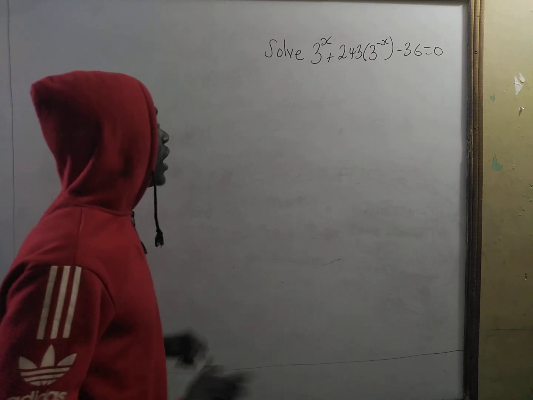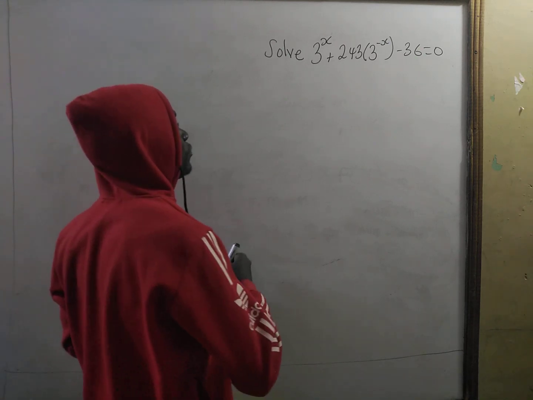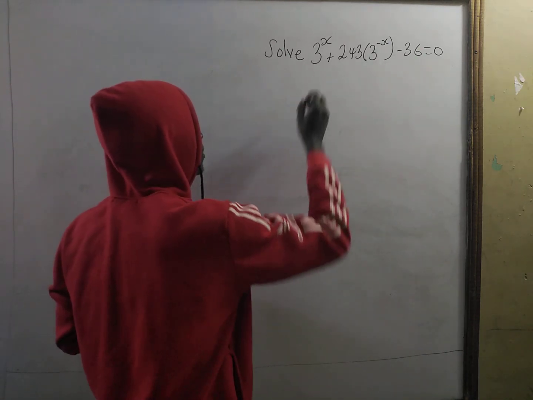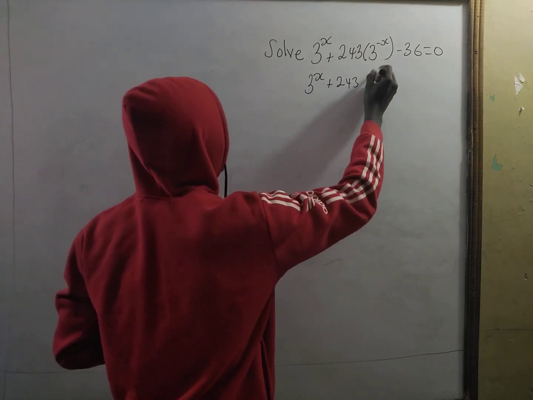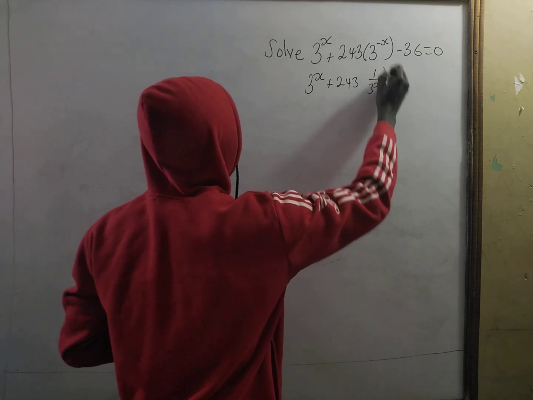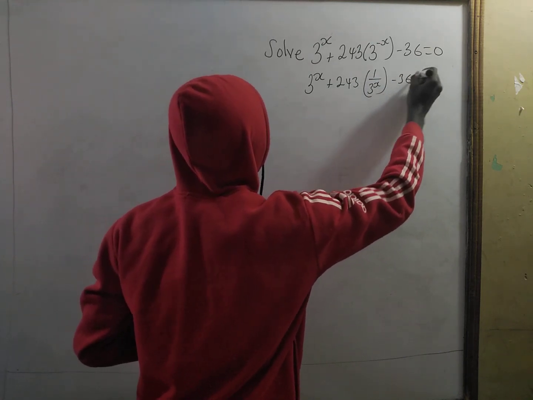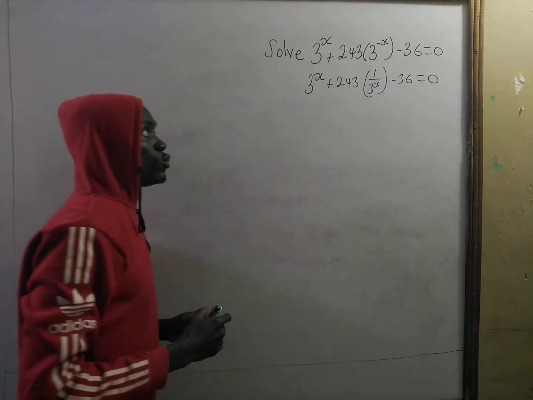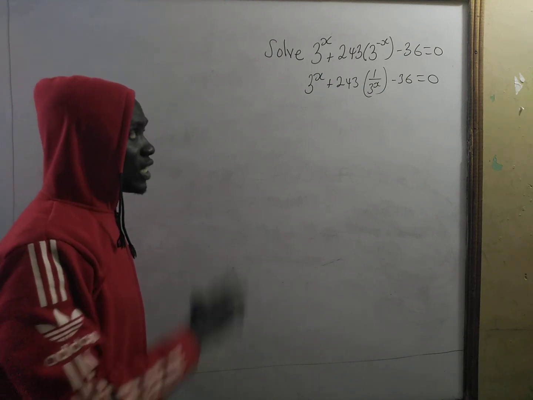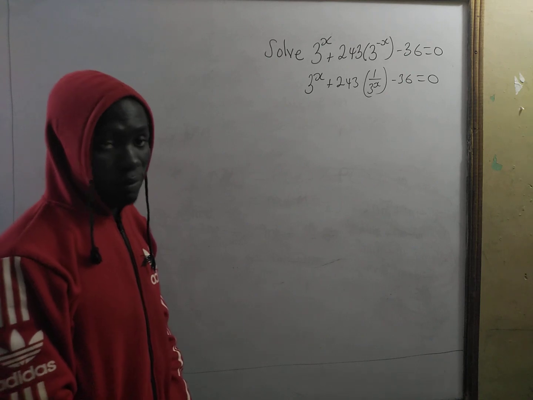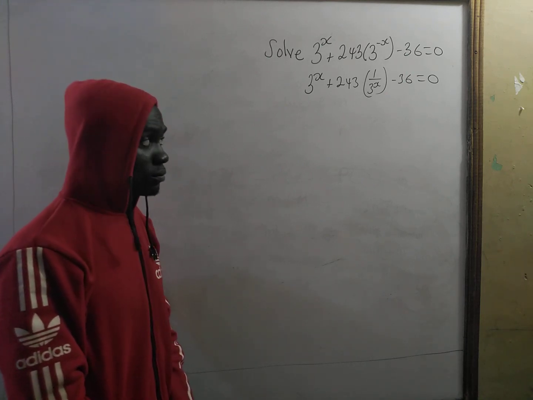Now, how do we solve this? We have to solve 3 exponent x plus 243 times 3 exponent negative x minus 36 equal to 0.